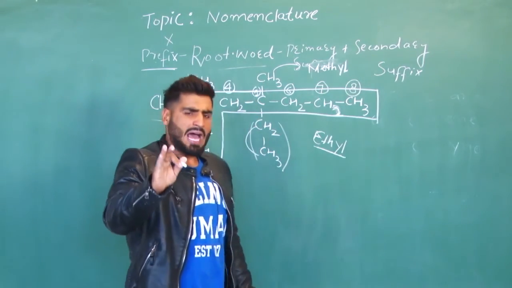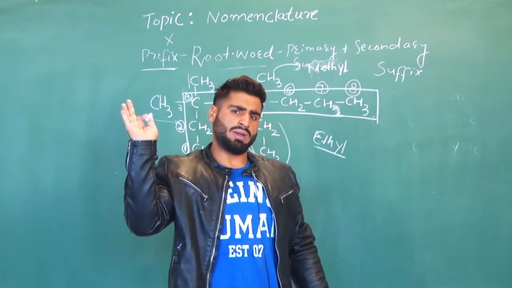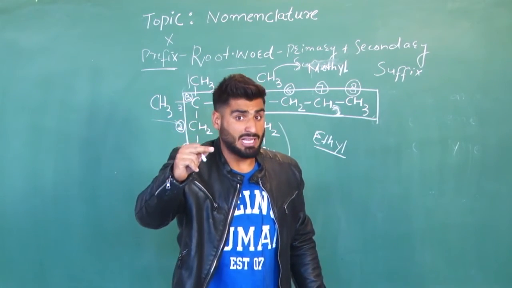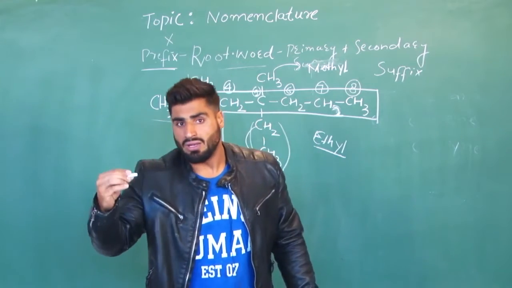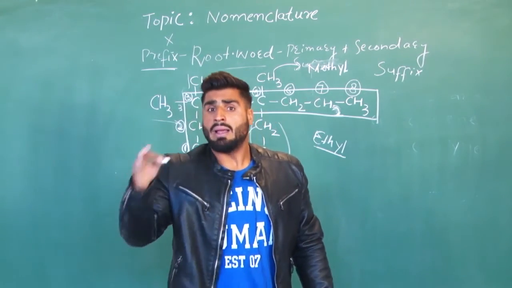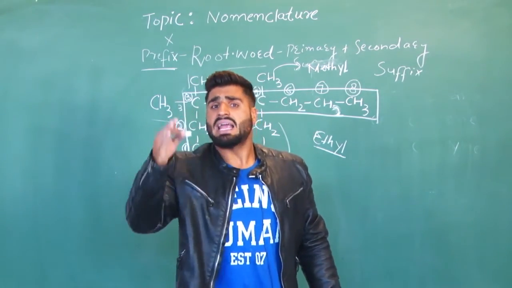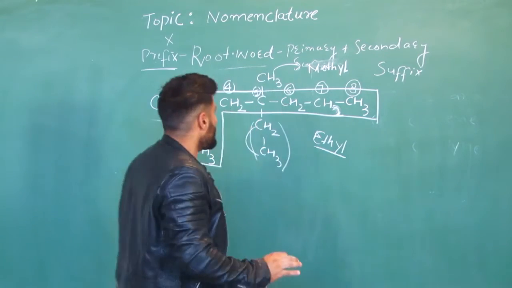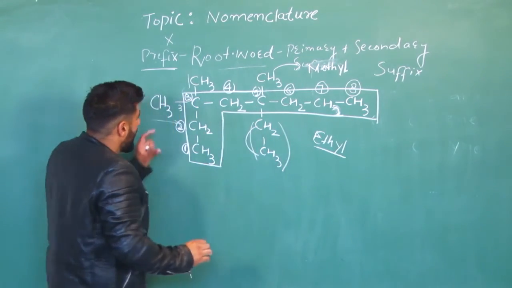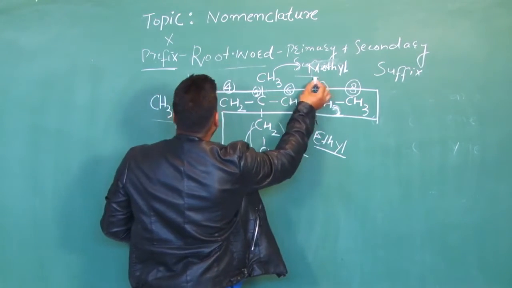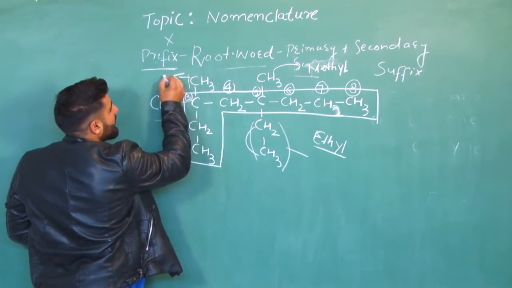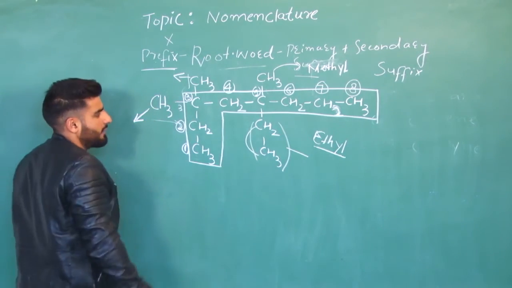For 3 carbon atoms as substituent, if they have only single bond linkage, that is the important thing, I'll be using propyl, then butyl, pentyl, hexyl, heptyl, and so on. Now I have to write all these. This is ethyl, this is methyl, this is also methyl, this is also methyl.